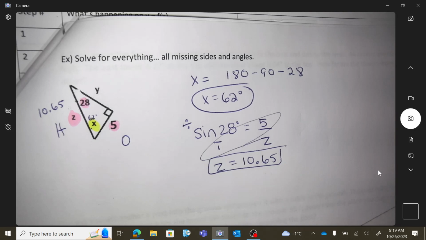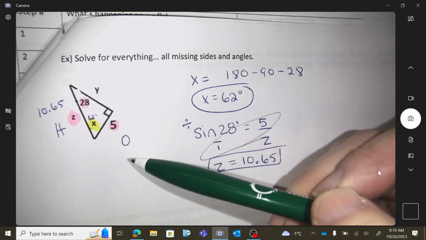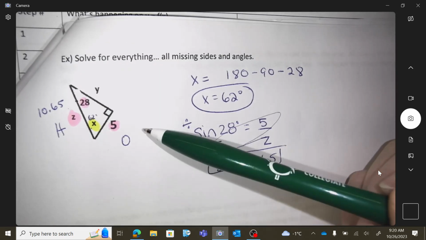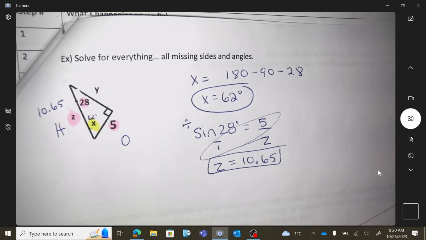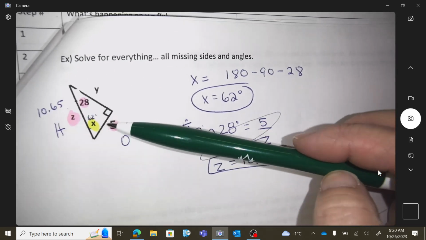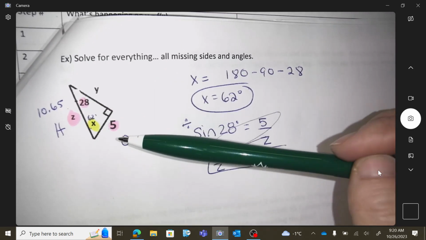That leaves us with y. So I can see people doing multiple strategies here. You could do SOHCAHTOA stuff with 28, 5, and y. You could do Pythagorean theorem, this side and this side and this side. You pick. I'll do them both. You have side, side, missing side. Or you can use the angle and do some SOHCAHTOA stuff.